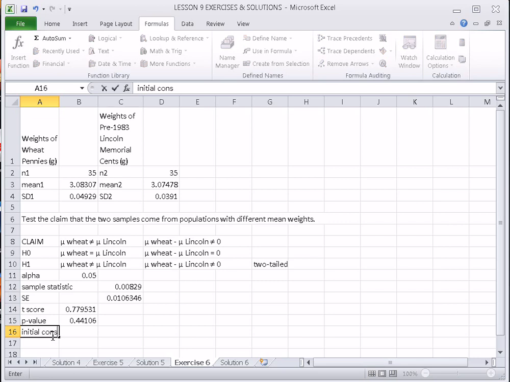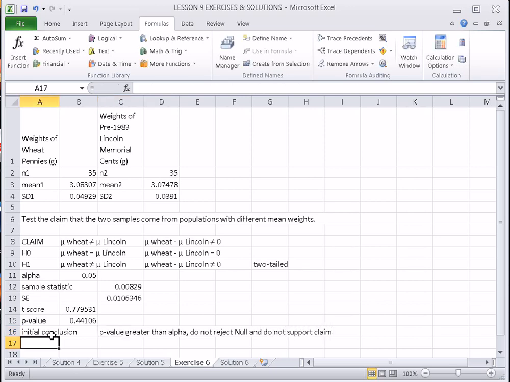So the initial conclusion is p-value greater than alpha. Do not reject null and do not support claim.